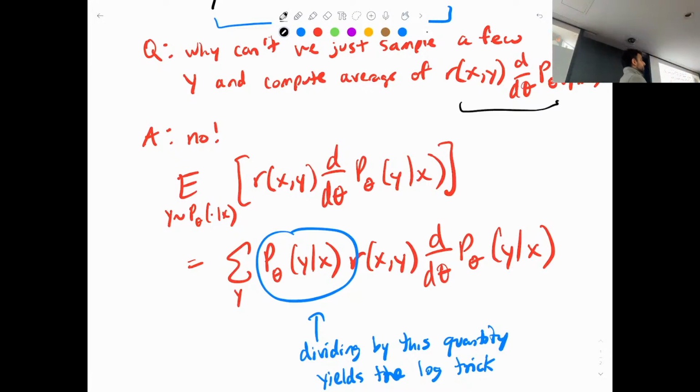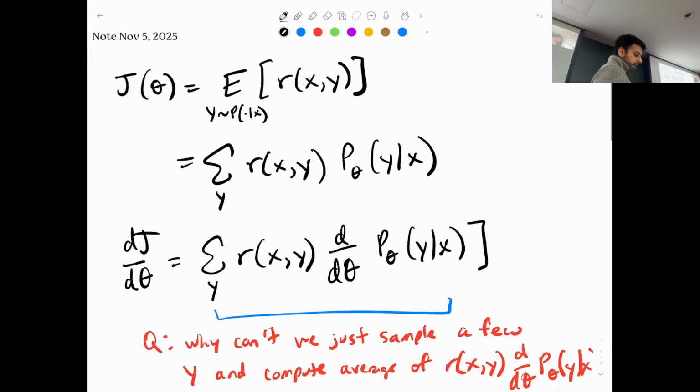Okay, yes? So before, I think we got to the expectation from dividing and multiplying by the p theta. Here we're saying that we should get to the expectation because we're not able to sample all y's. So ideally, imagine if this reward itself was a differentiable function of theta, then we wouldn't have to do any of this.